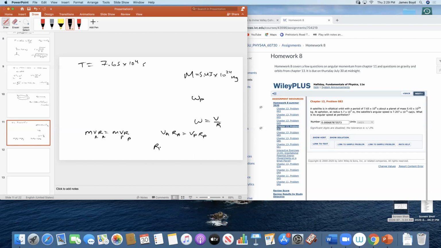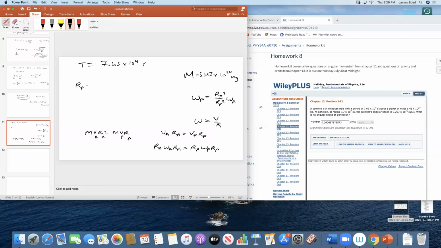So I get RA omega A RA is RP omega P RP. And therefore omega P is RA squared over RP squared times omega A. They gave me RA, the radius at aphelion. They gave me omega A, but they didn't give me RP. I don't know what RP is, so how do I find it?